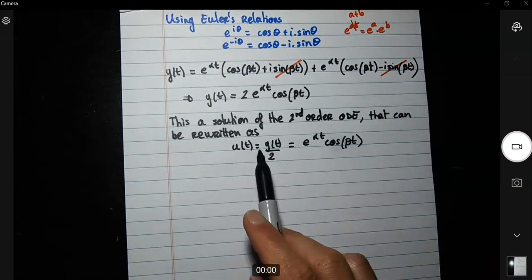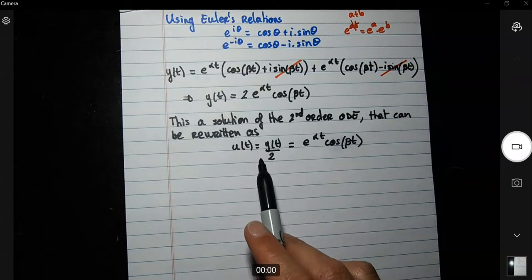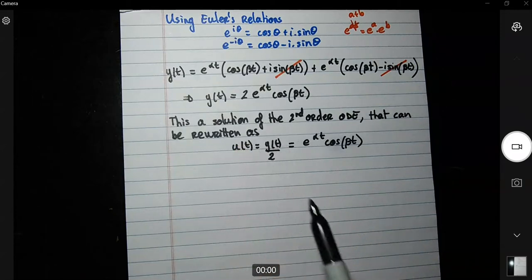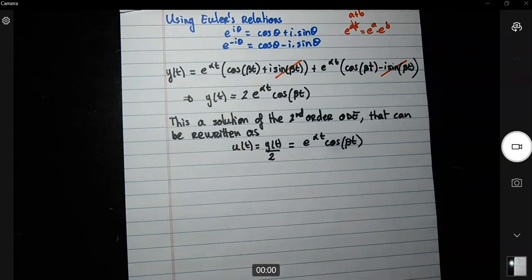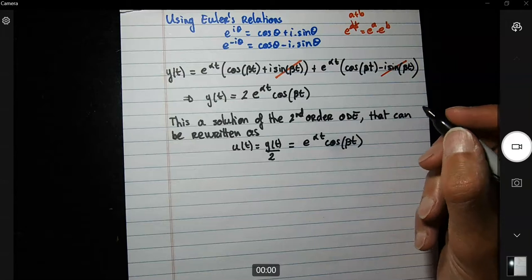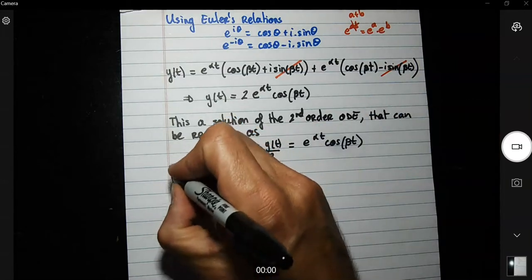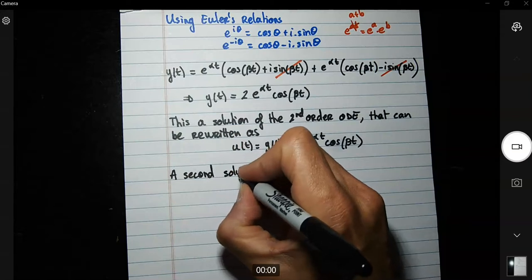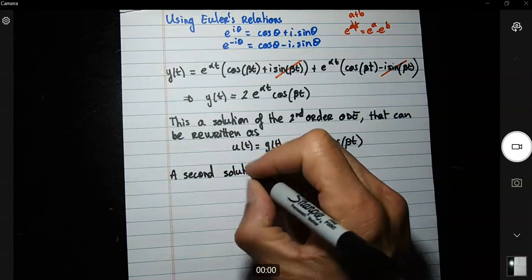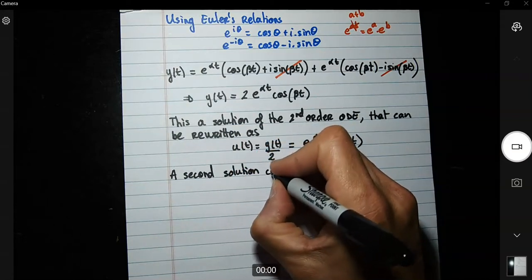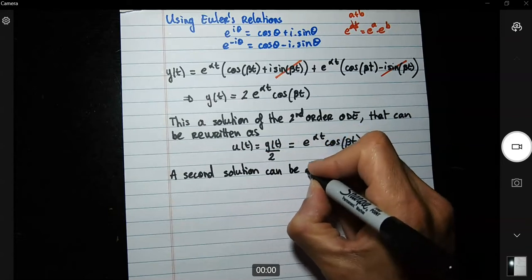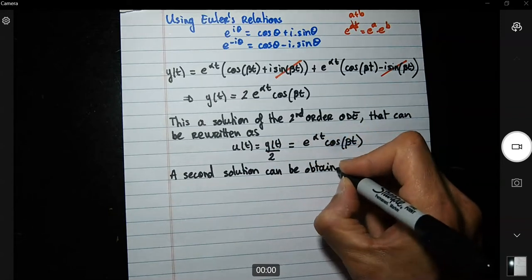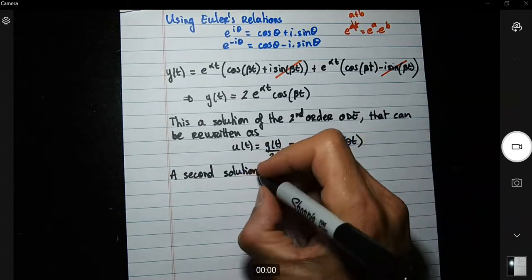All right. So again, this will be one solution. So another solution now could be if instead of doing y1 plus y2, we do y1 minus y2. So let's say a second solution can be obtained again by using the principle of superposition.